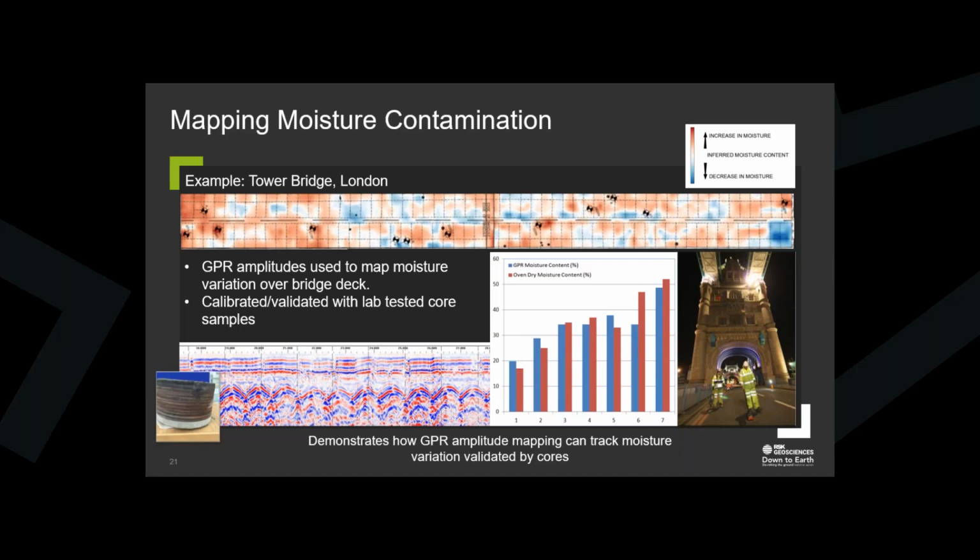From existing core samples, we knew that the plywood thickness across the deck was very well controlled, and it had a very even layer of wood across the whole bascule.